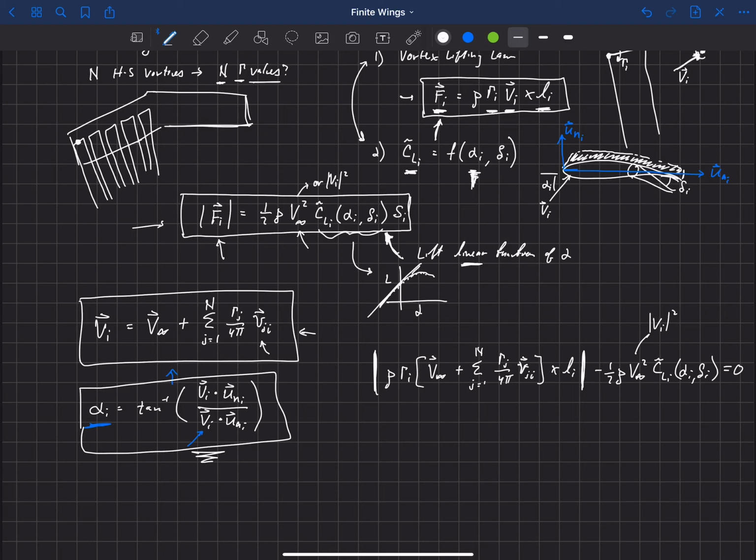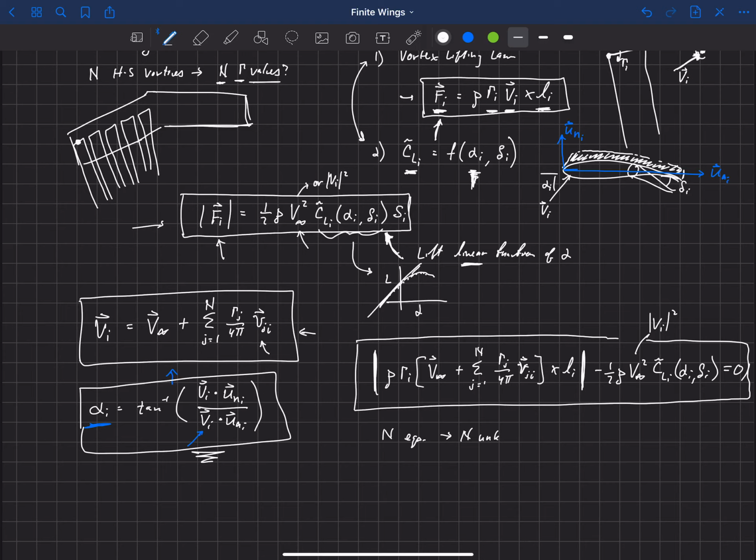Okay, so this is our equation now that can actually be written for every horseshoe vortex. So we have an equation that must be satisfied at a single horseshoe vortex and actually must be true at every horseshoe vortex. And so what we get here is a system of n equations to solve for our n unknown values of gamma.